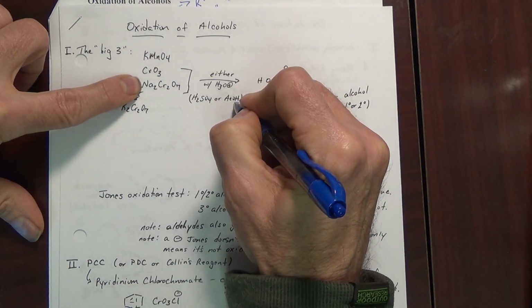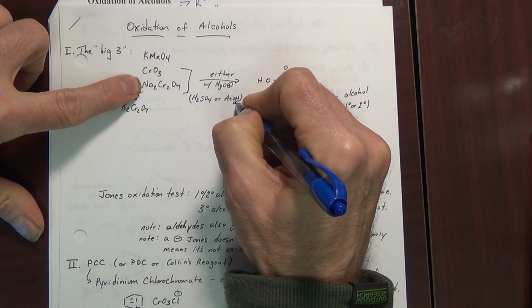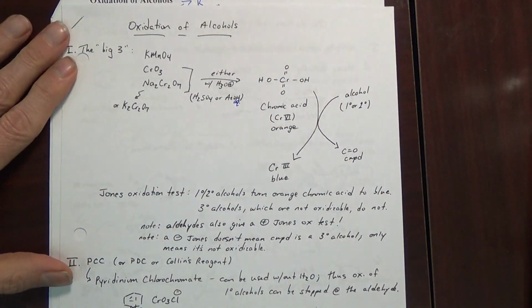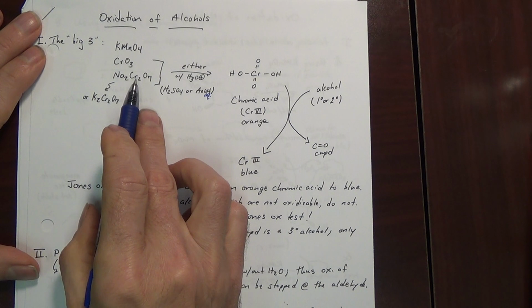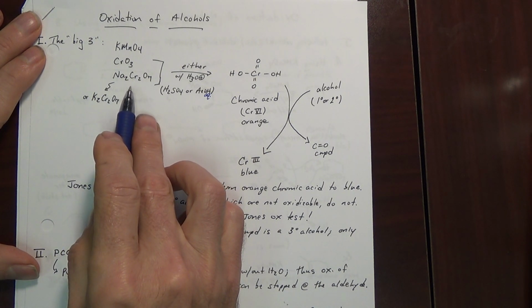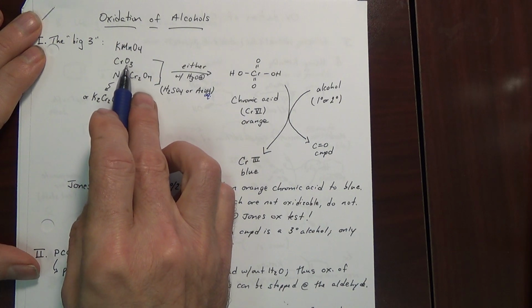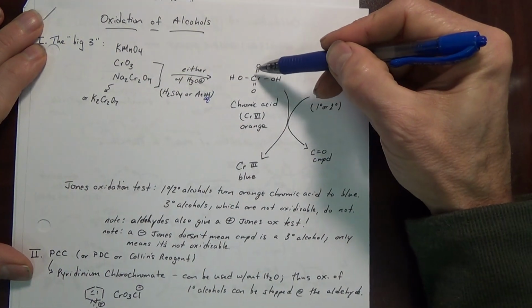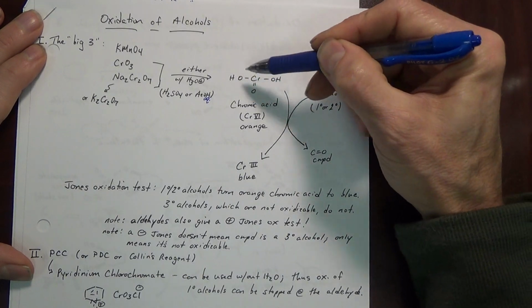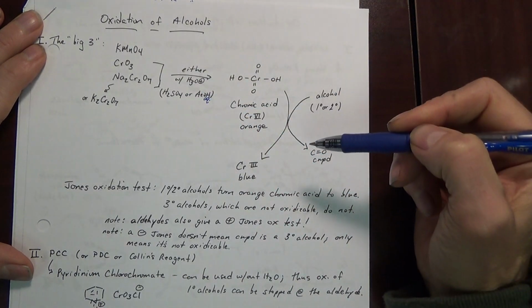Acetic acid is not necessarily aqueous, so maybe we need to indicate that. But either of these break down, or in the case of chromium trioxide, it just becomes hydrated. But both of these ultimately form chromic acid in the presence of aqueous acid.